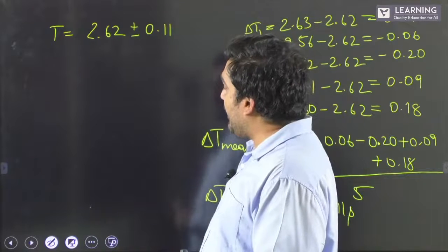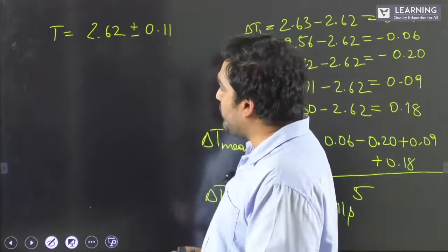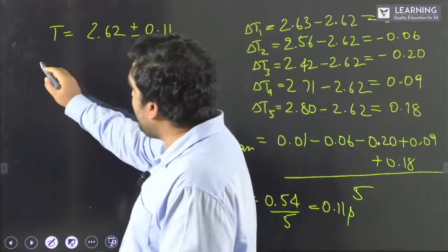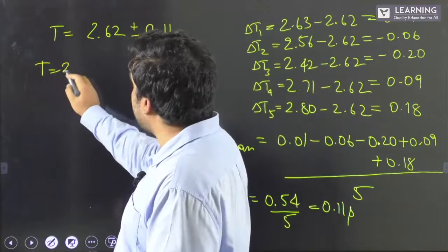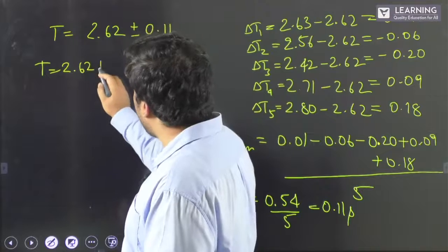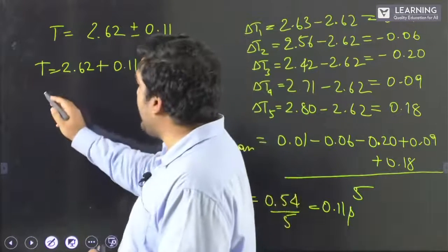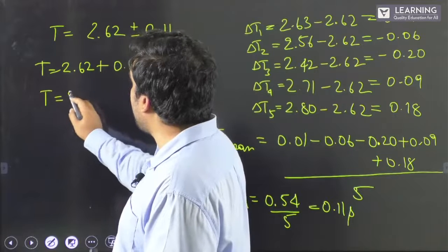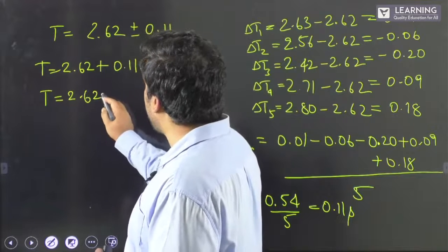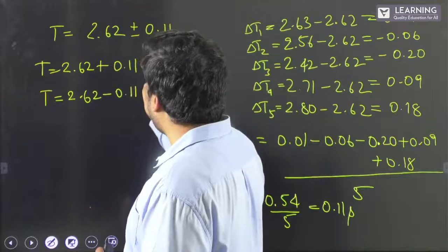So now that we have 0.11, we can write time as either t equals 2.62 plus 0.11, which gives you one value, and the other value is t equals 2.62 minus 0.11.